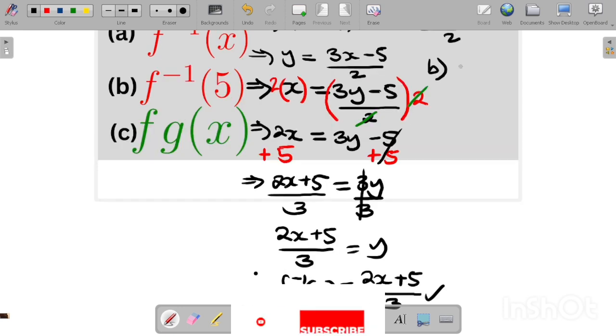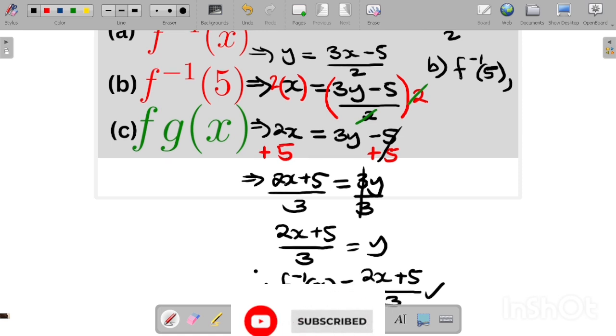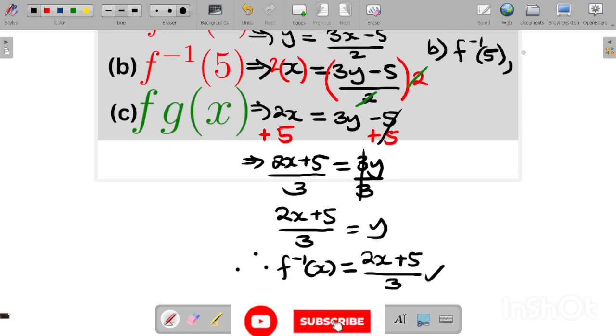At B, they want you to find the value of the inverse of the function f of 5. Now, remember, we have found the inverse of the function f of x to be equal to 2x plus 5 over 3. All right, now what does f inverse of 5 mean?